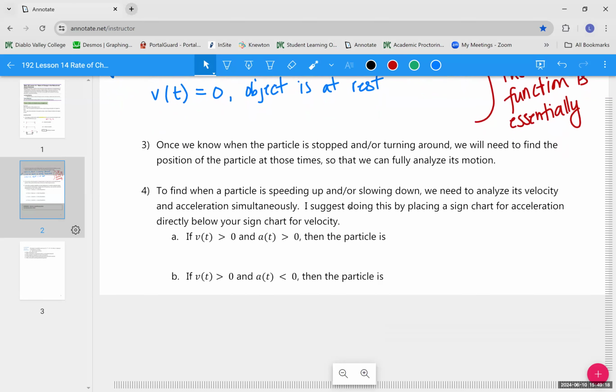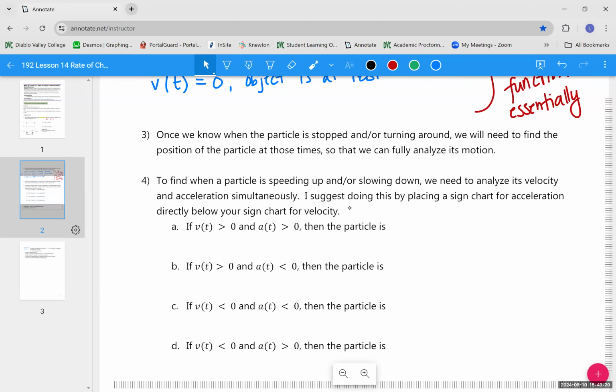Okay. So then once we know where a particle is stopped or turning around, we also want to know the position at those times. So that's the when, right? We will need to find the position. That's the where. Where is it when it is turning around?